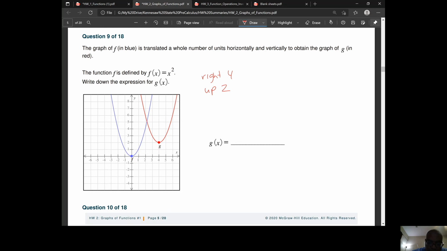So we do x minus 4 squared, because this is moving right 4, so this is minus, because when it's in with the x, it does the opposite. So right 4, and then we go up 2. Boom.